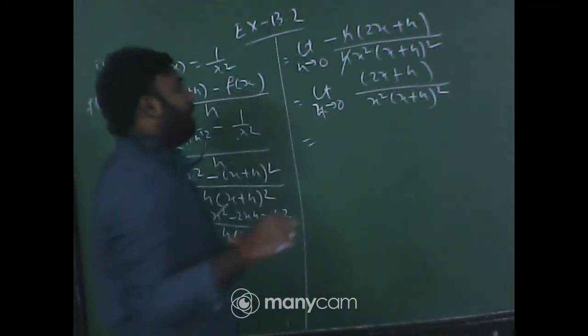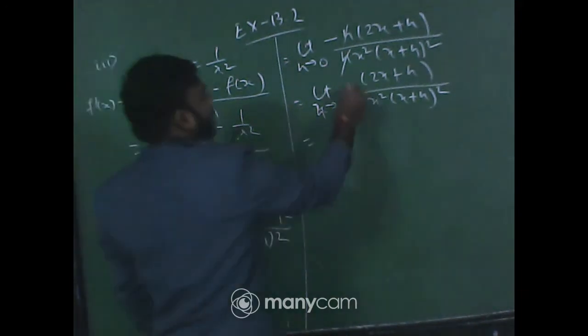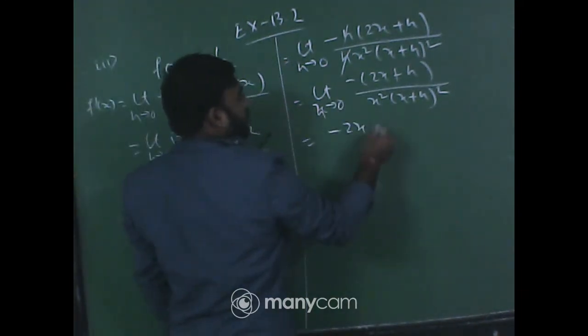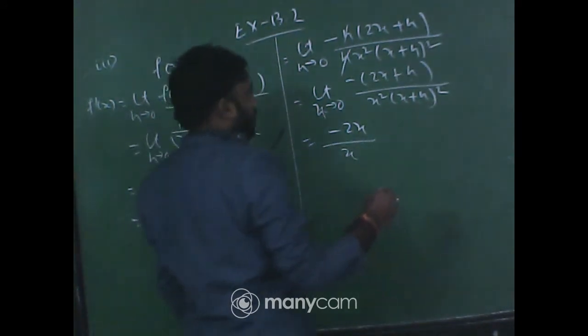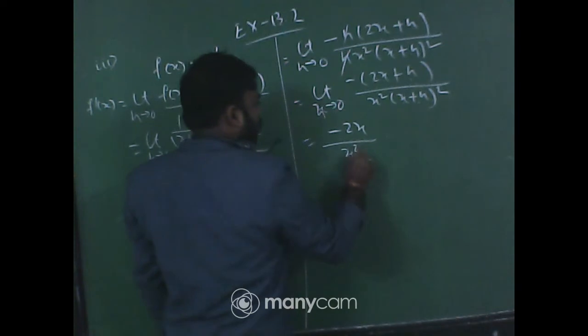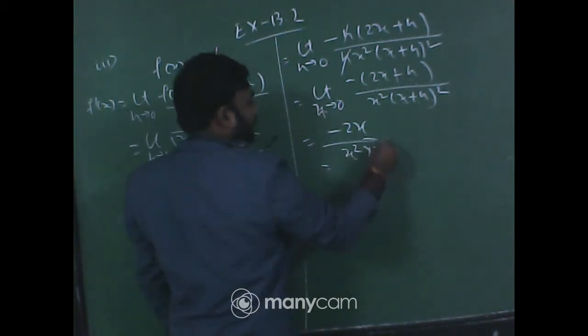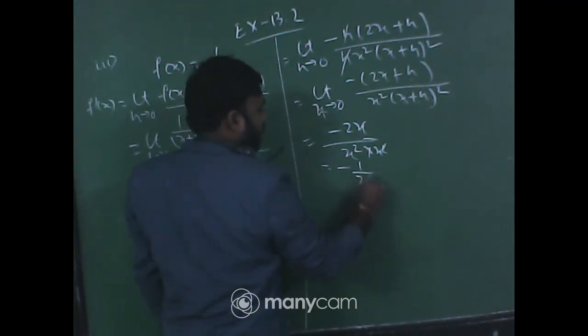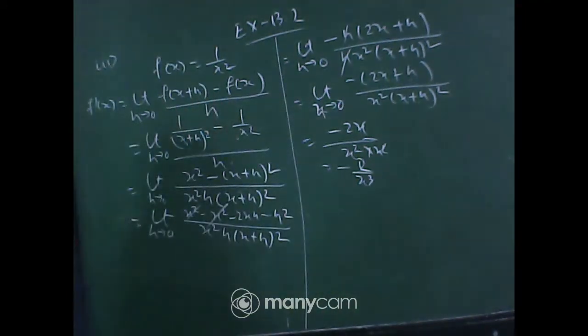Now you can put the value of h equal to 0. There is a minus, so minus 2x, that is, by x square into x square, because the square is there, x plus 0 is x, so x cutting, that is minus 2 by x cube is the answer.